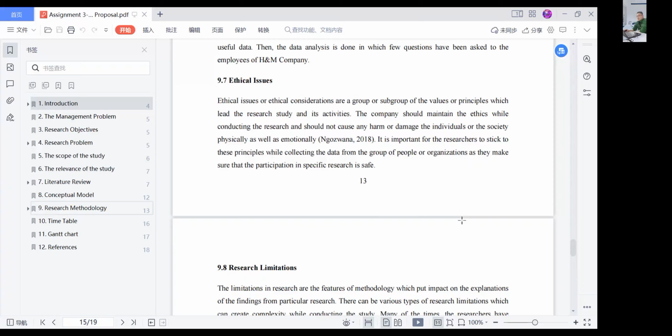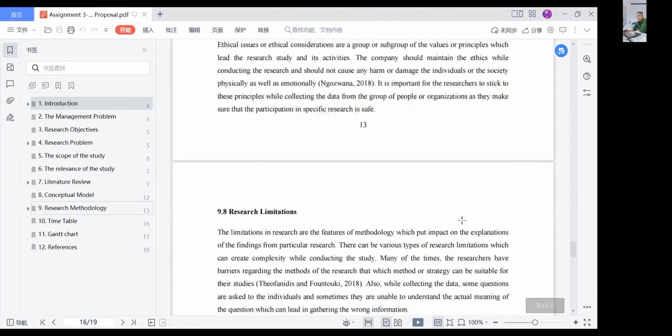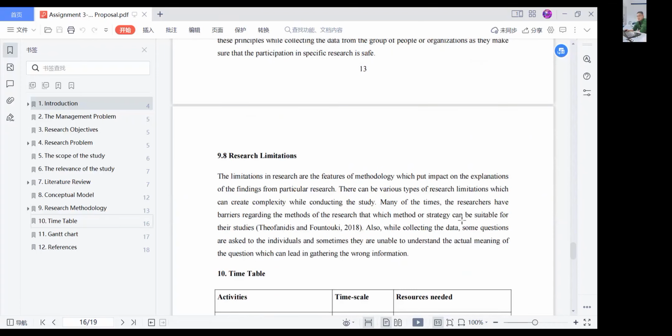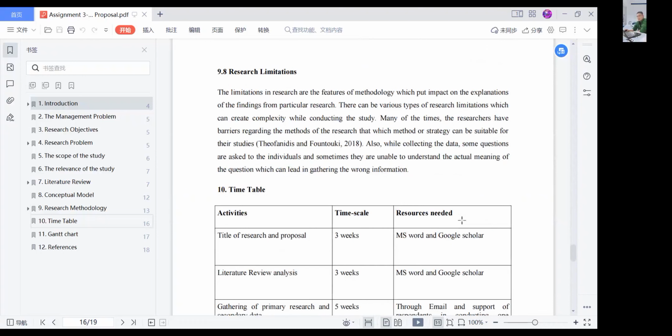It's important for researchers to stick to this principle while collecting the data from a group of people or organization, as they make sure that the particular question in specific research is safe.